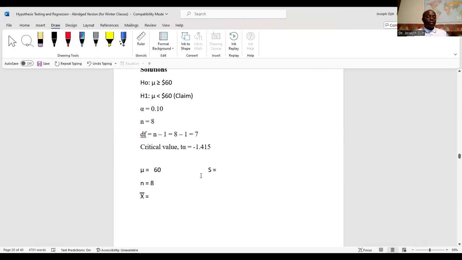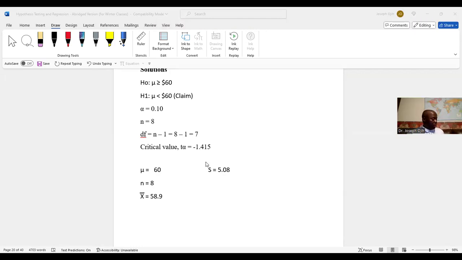Sample mean, we get it as 58.9. Sample standard deviation, we got it as 5.08. See? So we are almost done with it. Now we can go and run the test with this.